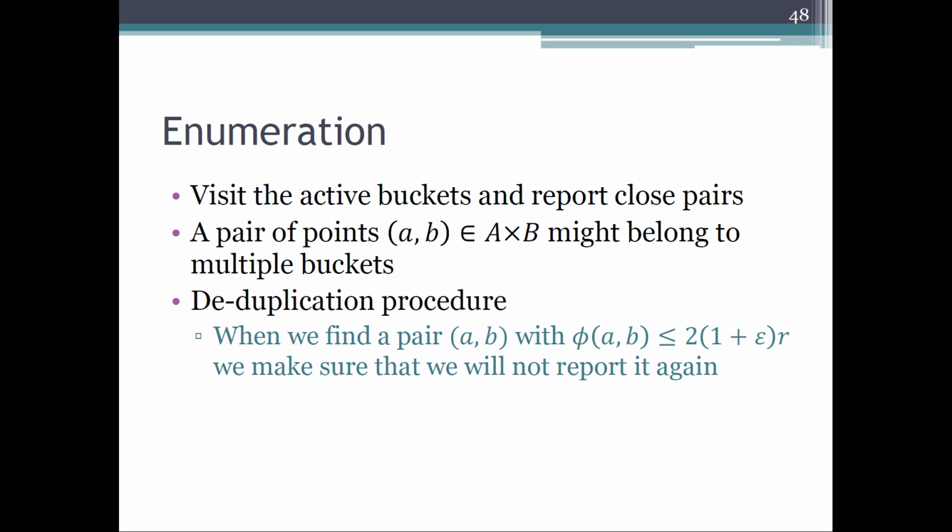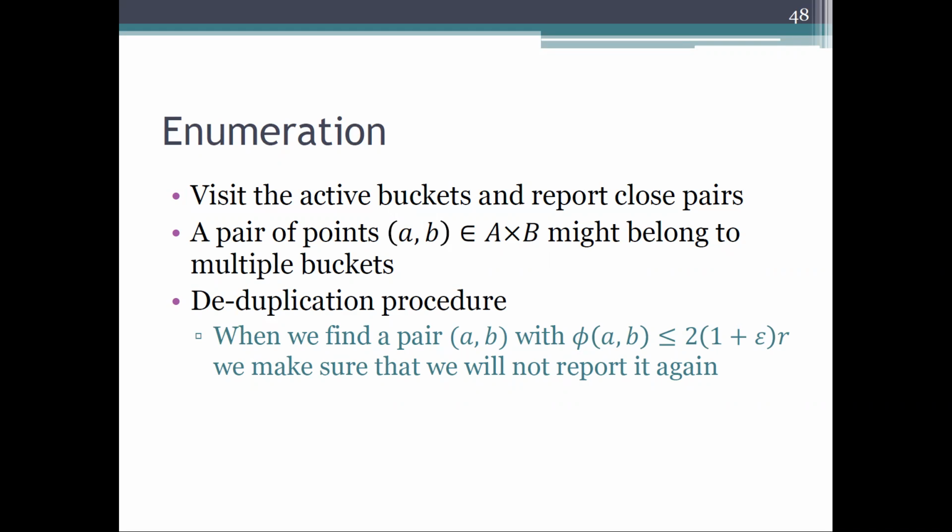However, our enumeration procedure must return a pair only once. Hence, we have a deduplication procedure so that when we find the pair AB with distance at most 2 times (1 plus epsilon) times r, we make sure that we will not report the same pair again.